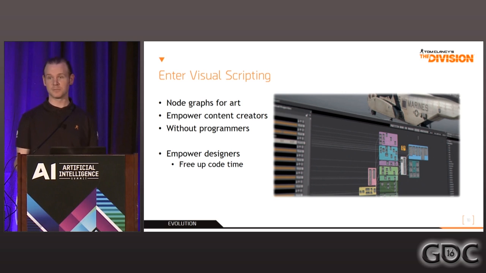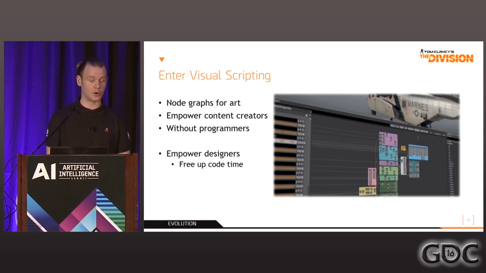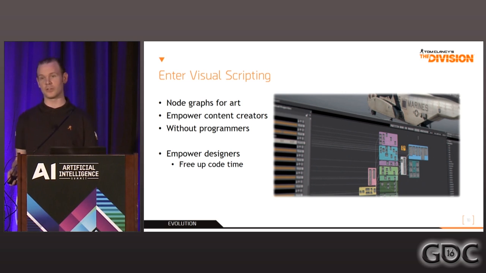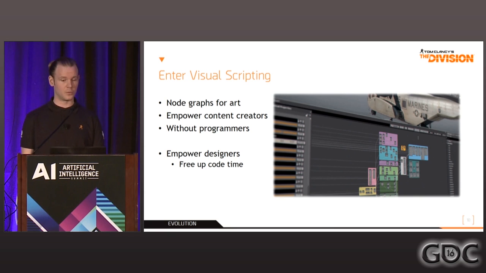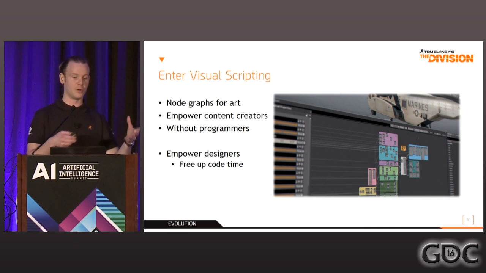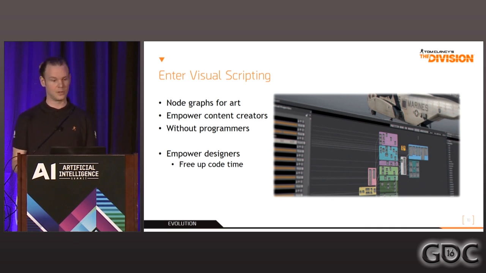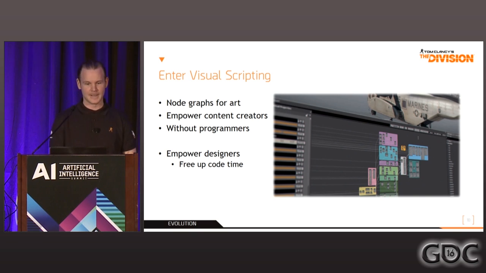But at the same time, in another part of the office, we had technical artists doing some mind-blowing things with visual node graphs that we had for art. They would do amazing things without programmer assistance. And so naturally, we wanted to empower our designers the same way they had been, and possibly free up some code time to do other stuff.